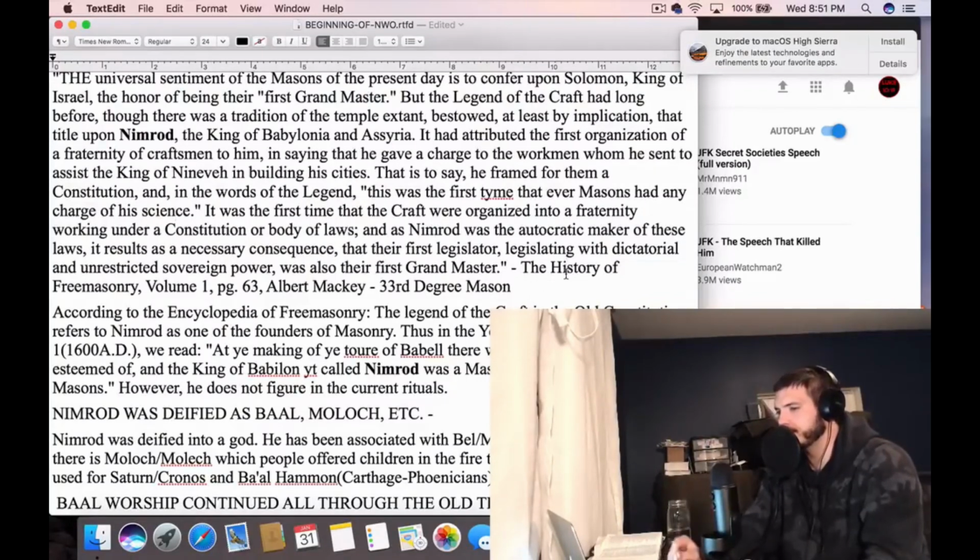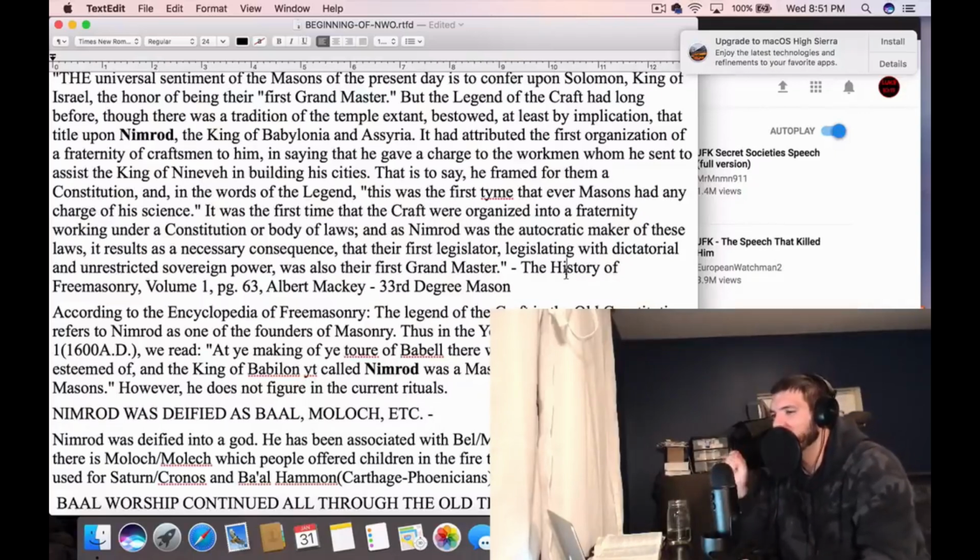It was the first time that the craft were organized into a fraternity, working under a constitution or body of laws. And as Nimrod was the autocratic maker of these laws, it results as a necessary consequence that their first legislator, legislating with dictatorial and unrestricted sovereign power, was also their first Grand Master."